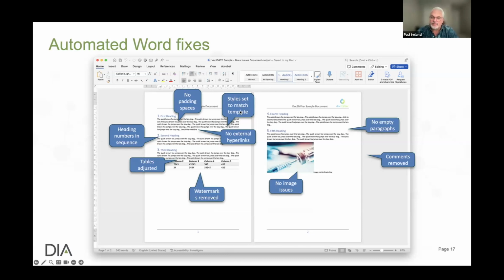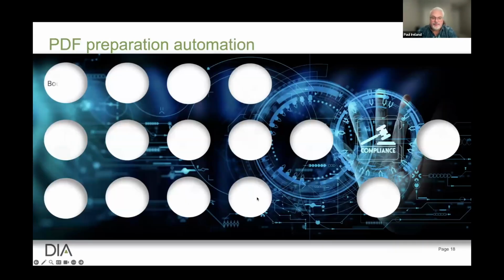So if all of a sudden somebody's modified the text from my normal style, or my paragraph style in the document, it will revert it back to what it should be in your organization. It's removed the links to external websites. Tables have been adjusted to fit the page width, watermarks removed, and no longer are there issues with the text not appearing in line with the images.